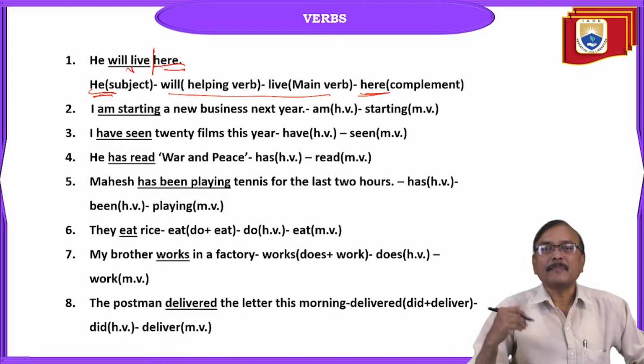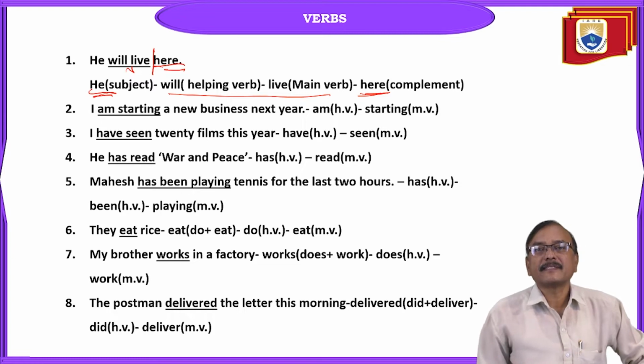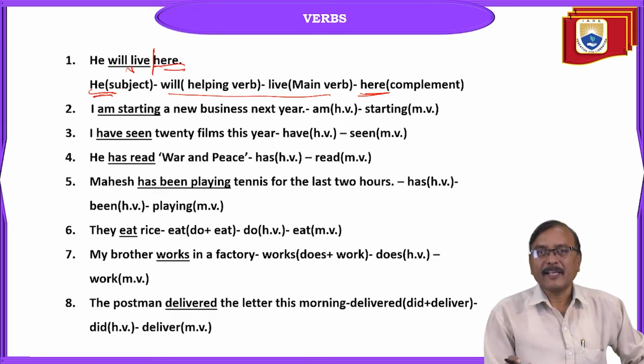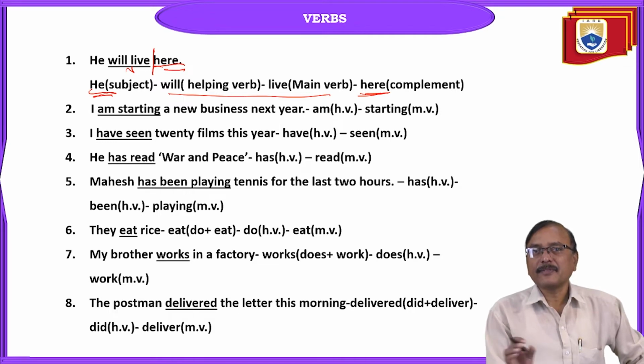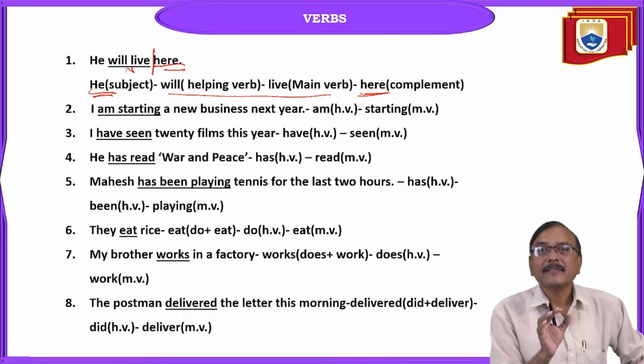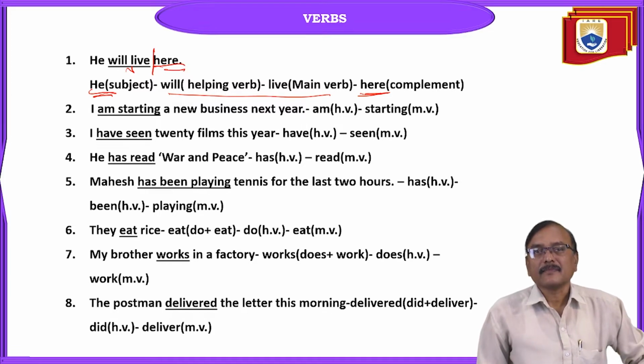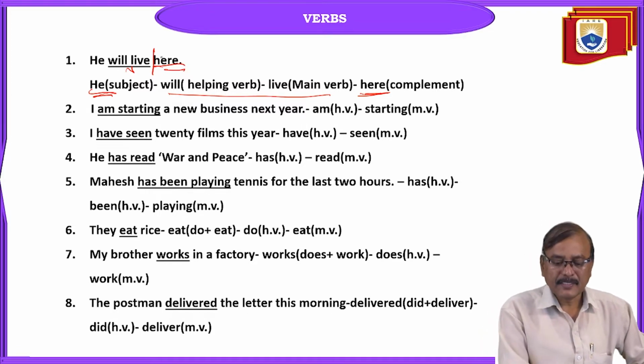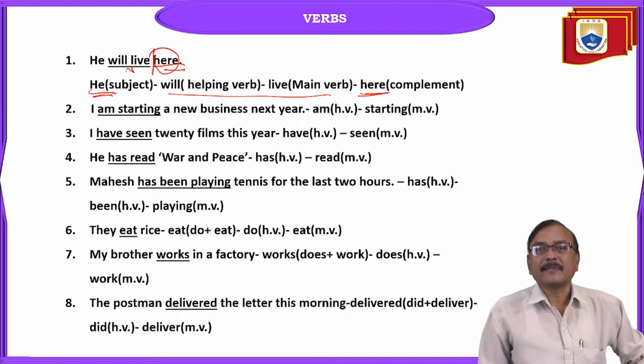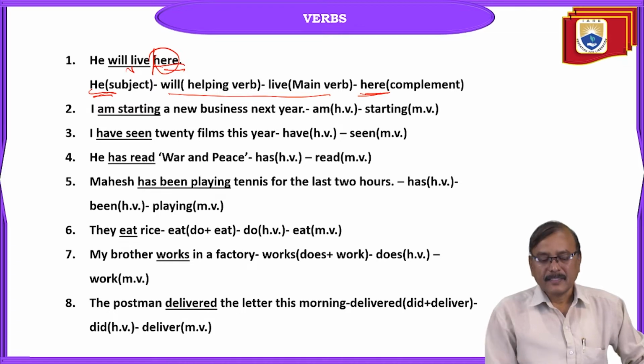Complement is a word or a phrase which is used to complete the meaning of the verb mainly, or the meaning of the sentence you can say. So, without this the sentence cannot be completed. He will live. It is an incomplete sentence, because immediately a question comes: where?